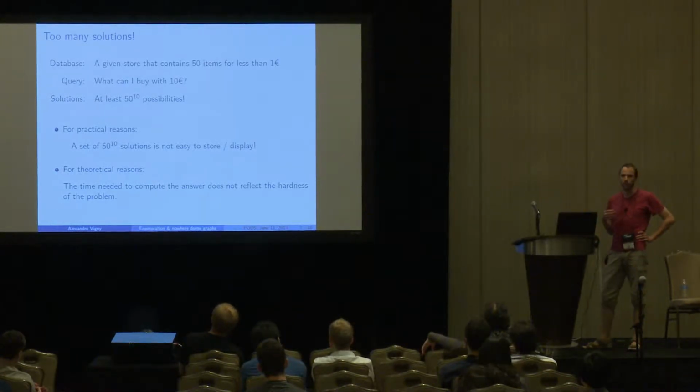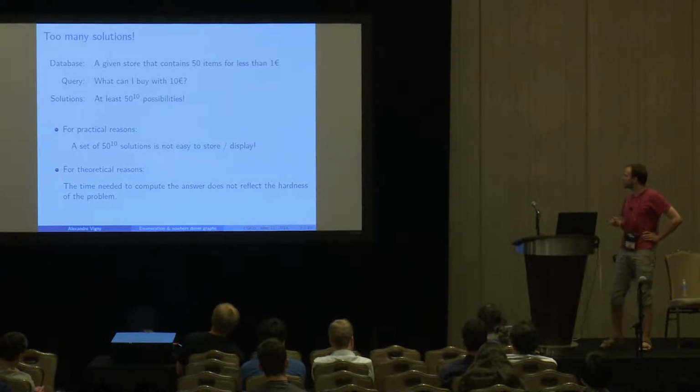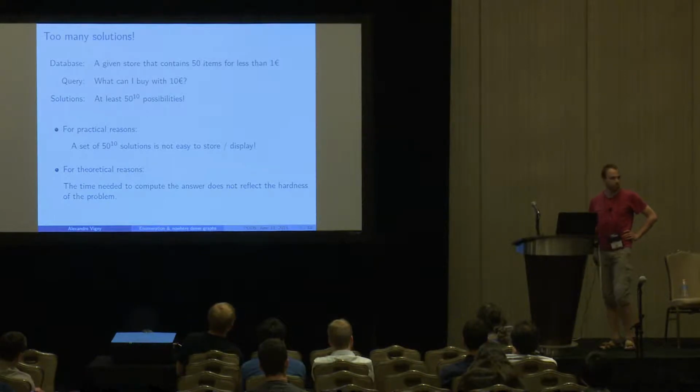And often we will only use a few solutions. And for theoretical reasons, the problem is that the time needed to compute this set of solutions does not reflect the hardness of the problem, because sometimes the problem is really easy, and we just spend a lot of time writing the outputs. And we don't want to do that.